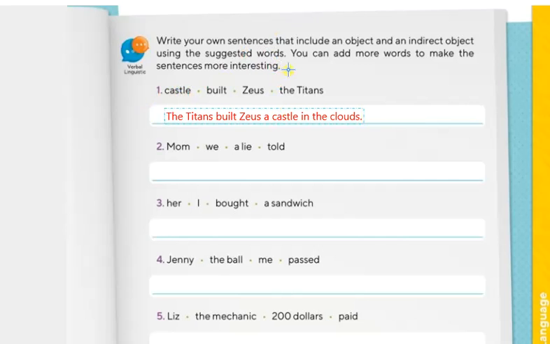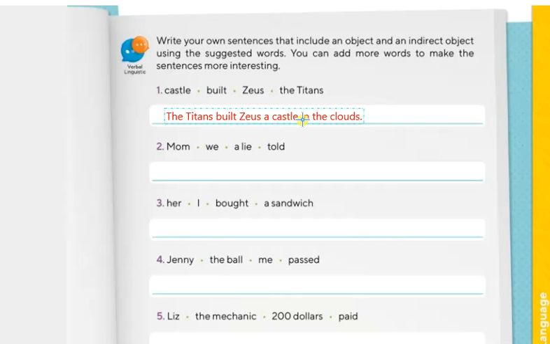So as you can see, the Titans would be the subject, built would be the verb, Zeus, that would be the indirect object, a castle, that would be the direct object.